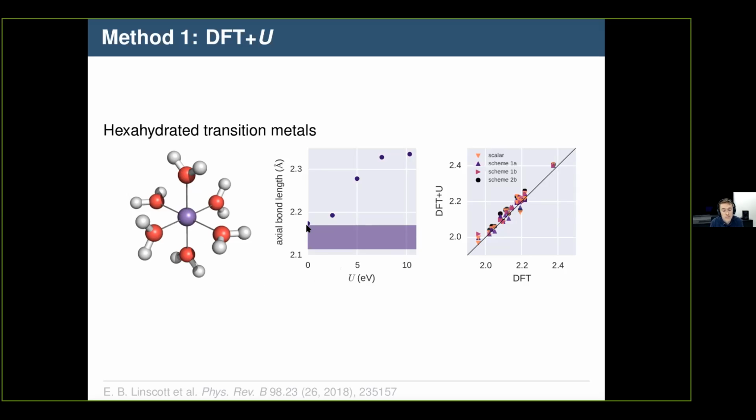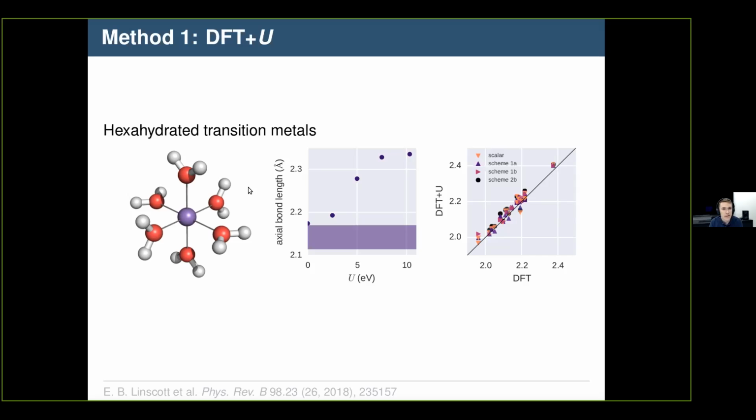And so we start off just outside, but more or less within that range. But if we keep on increasing U but only on the manganese atom, it destroys that bond, and as a result, the oxygen atoms drift apart. And this is unphysical.